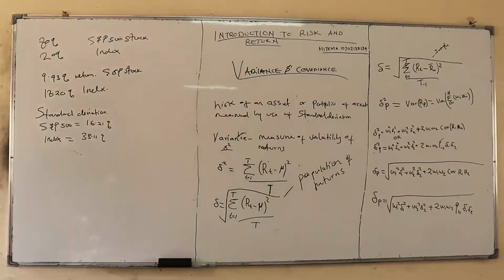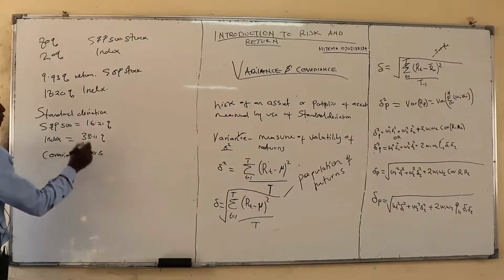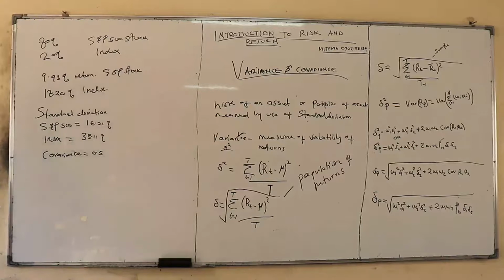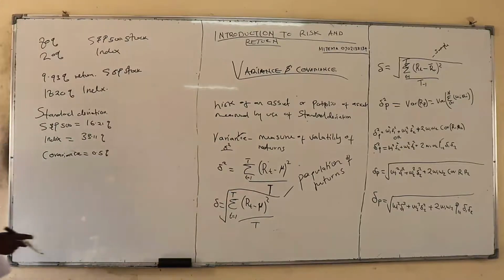Again, you have been provided with the covariance between the two assets.